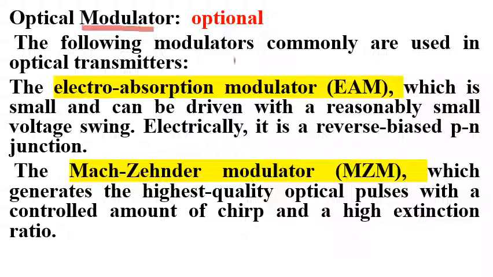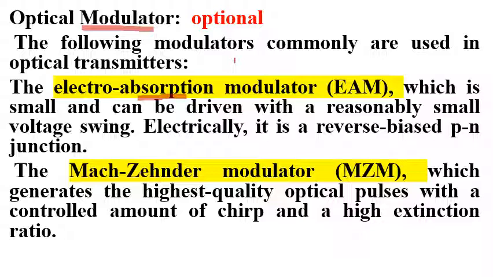Several types of external modulators are used. Here we have shown two most commonly used optical modulators: electro-absorption modulator, and second is Mach-Zehnder modulator.